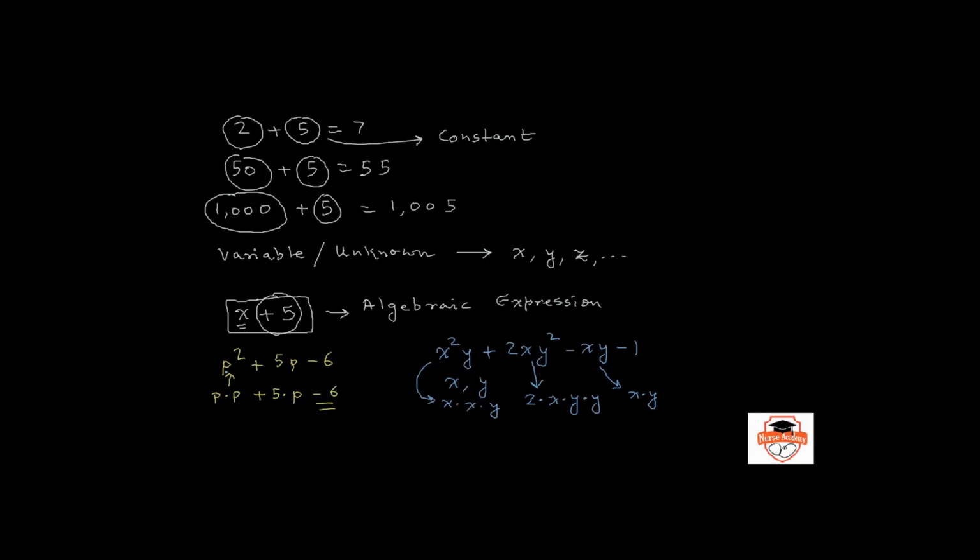When the numbers representing the variables in an expression are known, you can find the numerical value of the overall expression, and that's what you call evaluating the expression. Thus, if p is equal to 2, in p square plus 5p minus 6, the value of this expression is what you get when you plug in 2 in place of p.